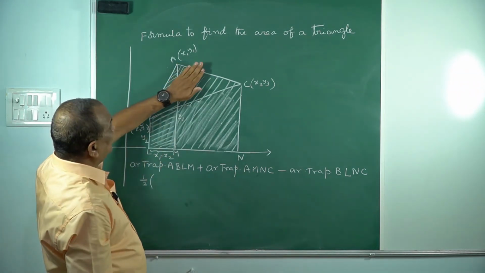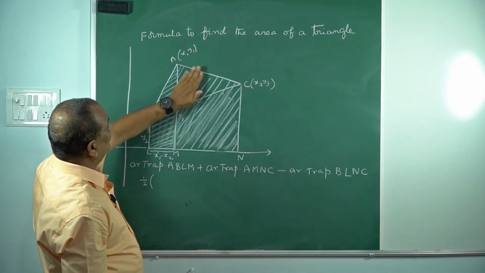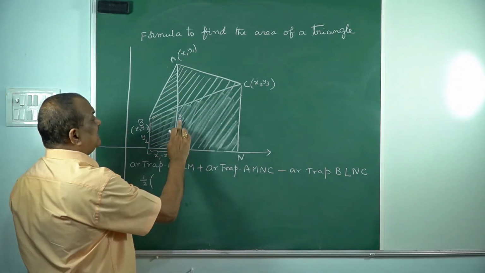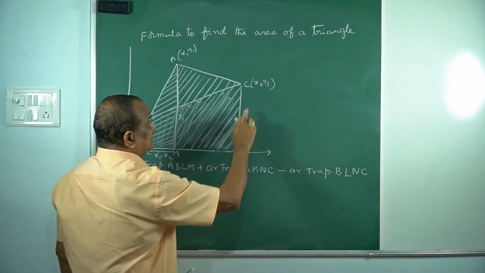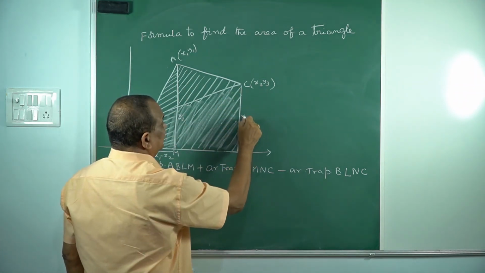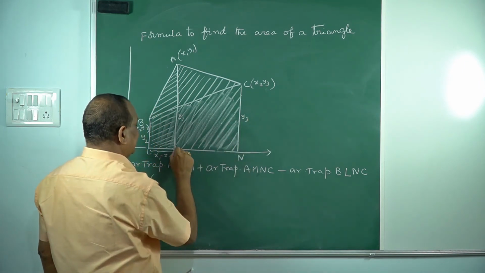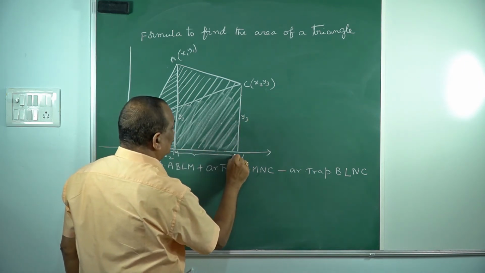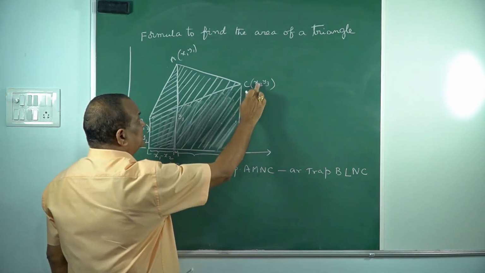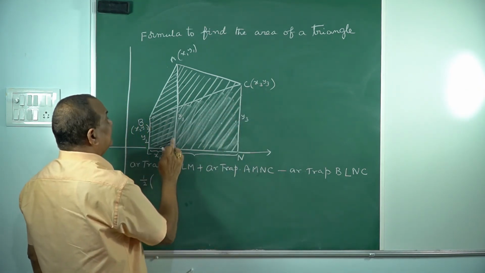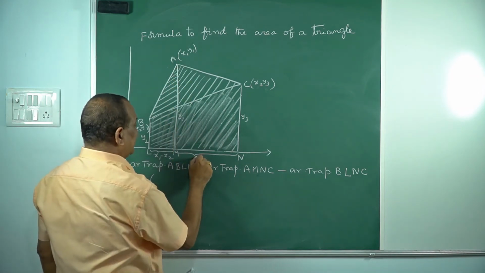How do you find the area of this trapezium? This height is y1 because this is one of the parallel sides. Another parallel side is y3. And the distance between the parallel sides is x3 minus x1, because I came x3 like this to reach this point, and till here it is x1.